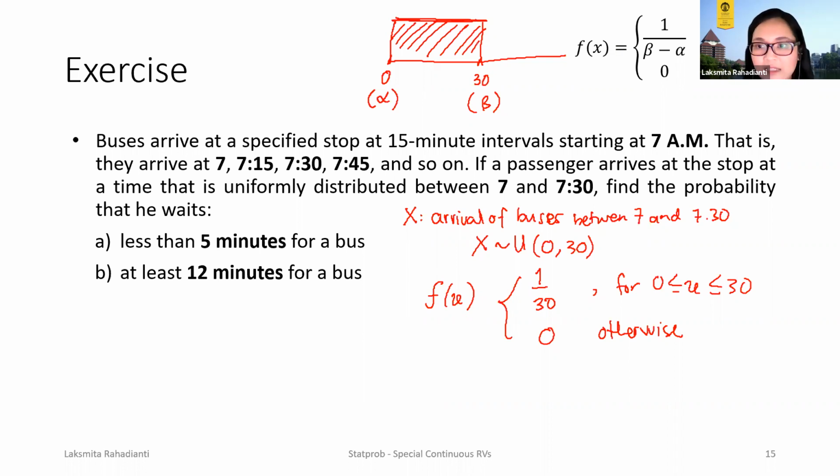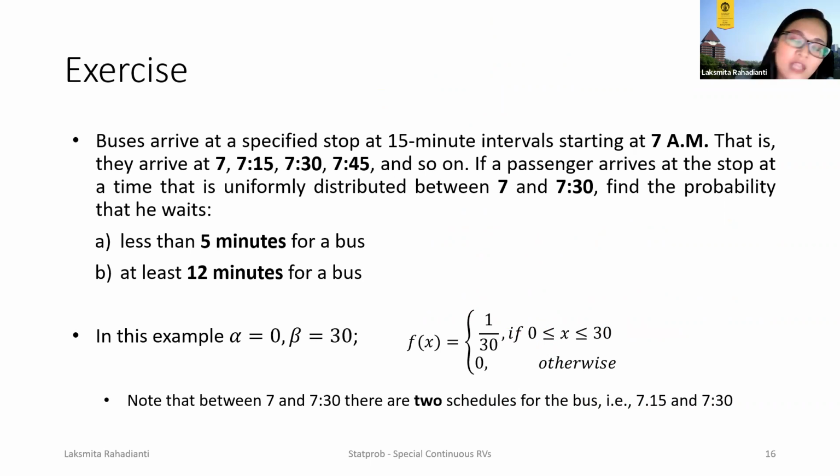otherwise. Makes sense. Okay, so now I already know that my limits are, oh, I lost my drawing now, sorry. So my limits are from minute 0 to minute 30, and I have defined my PDF as follows. Note the arrival time, I'll draw that back in.